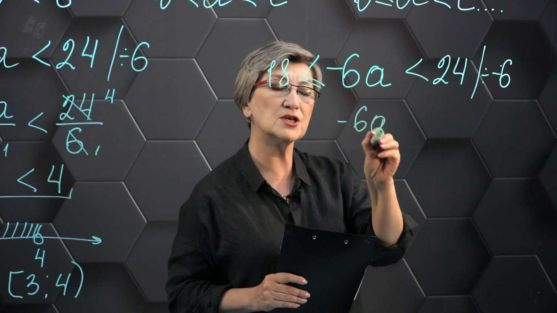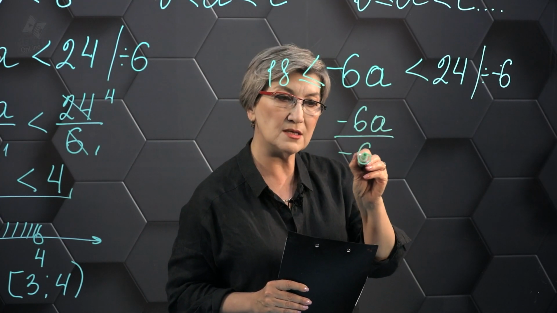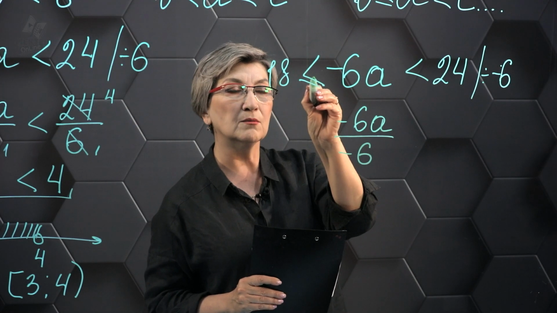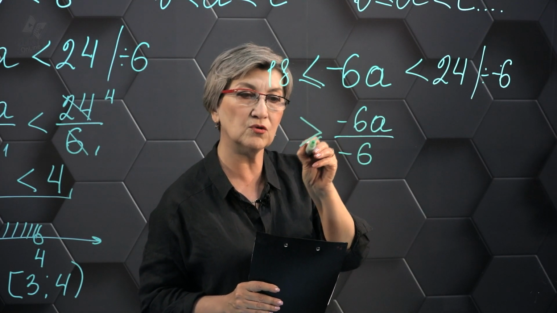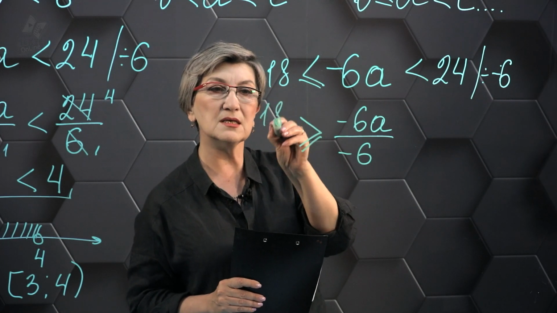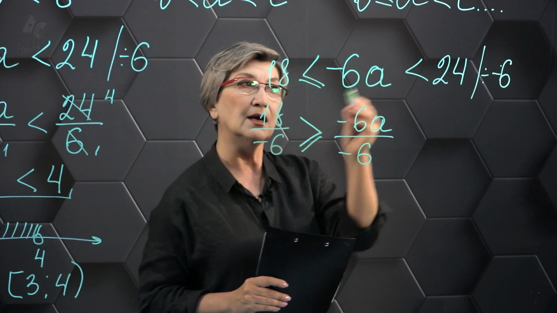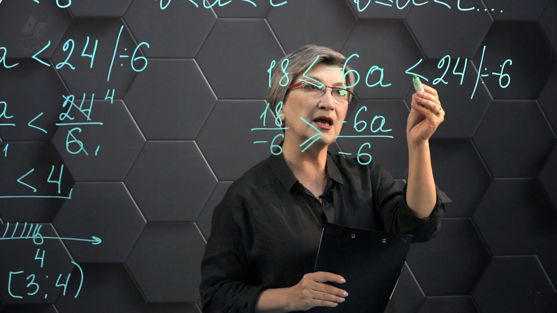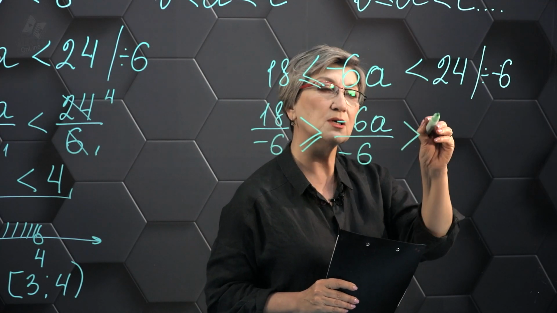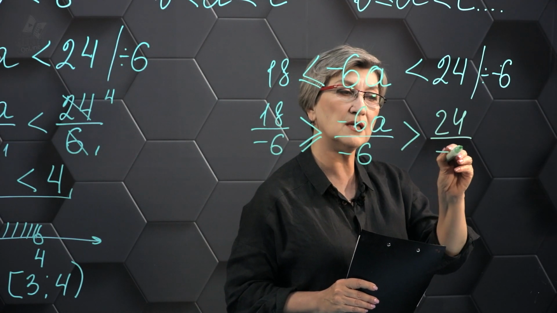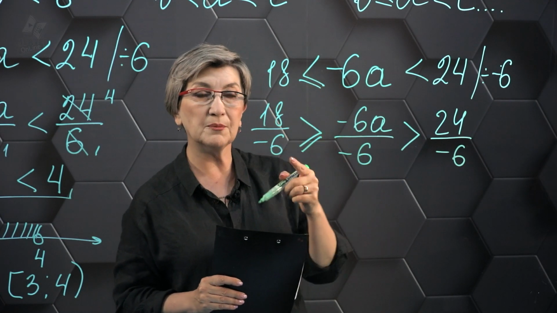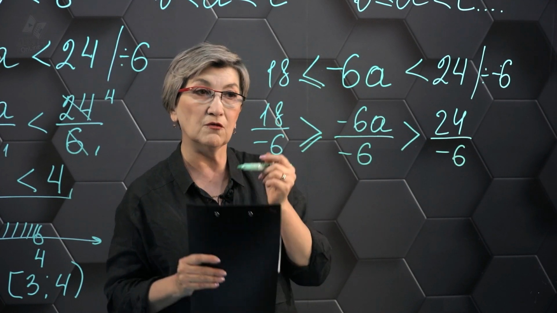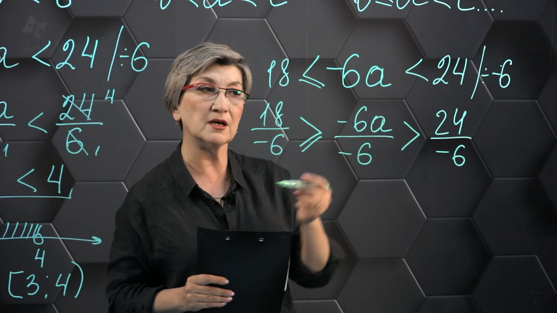If I divide minus 6a by minus 6, then the sign greater than or equal to will change to less than or equal to. 18 divided by minus 6. The sign less than will change to greater than. 24 divided by minus 6. This rule is vital for double inequalities. Generally, it applies to all inequalities.